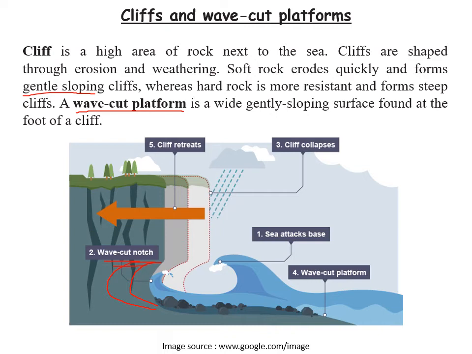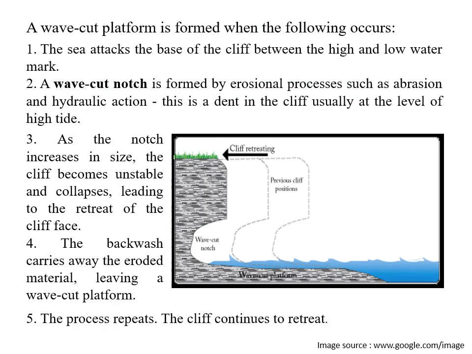With time the hanging portion of the rock becomes unstable and collapses by rockfall, and these collapsed broken particles are churned regularly by the wave water and dispersed throughout the foreshore region, throughout the coastal areas, and form a very gently sloping to almost flat area which is known as a wave cut platform.